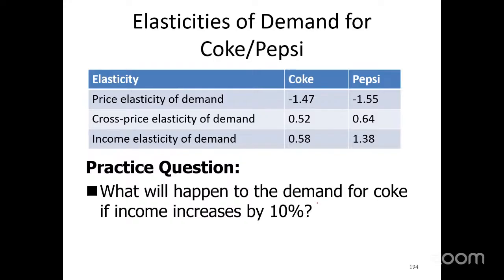Here the calculated values: you have price elasticity, cross price elasticity, income elasticity. The two goods are substitutes, Pepsi and Coca-Cola. Now these are very important values if you are a manager or a policy maker.